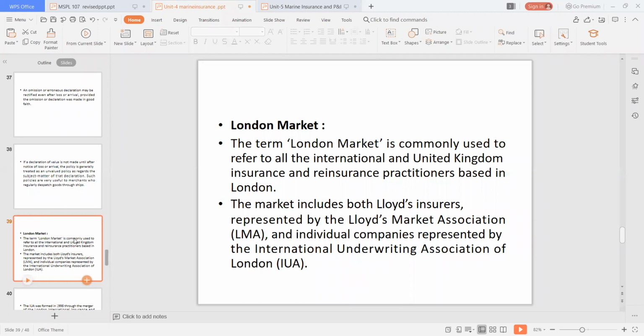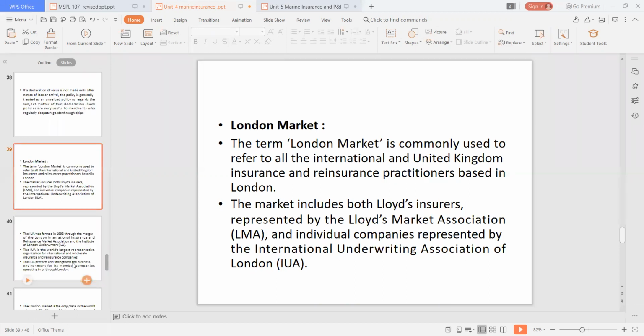The market includes both Lloyd's insurance, represented by the Lloyd's Market Association (LMA), and the individual companies represented by the International Underwriting Association of London (IUA). So the London market's importance, how it happens, and how it correlates with marine insurance.